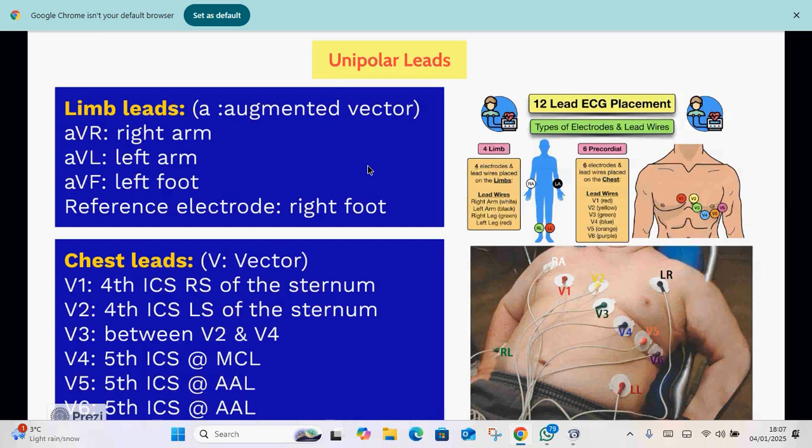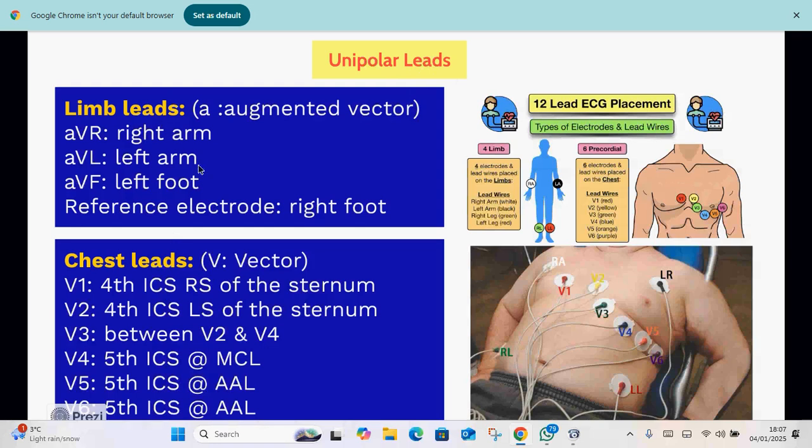Because you haven't studied, we are spending a lot of time explaining that, but I will just say it one last time. In the 12-lead ECG, there are unipolar and bipolar leads. There are 9 unipolar leads and 3 bipolar leads. The 9 unipolar leads are divided into 3 limb leads and 6 chest leads.